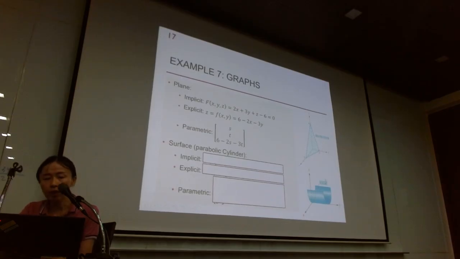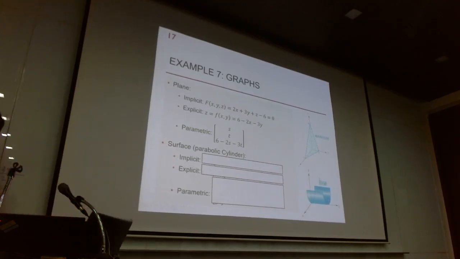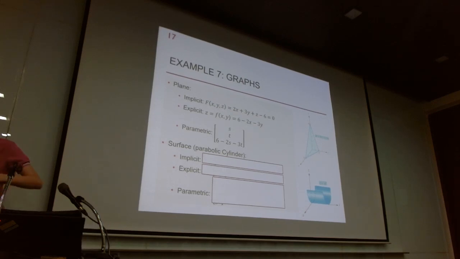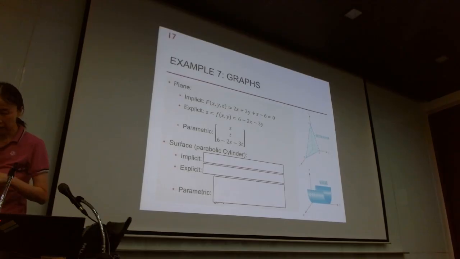So this one itself is a parabolic shape. In this sense y can be any value, so you keep drawing this parabola along y.